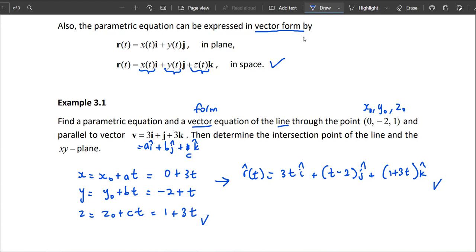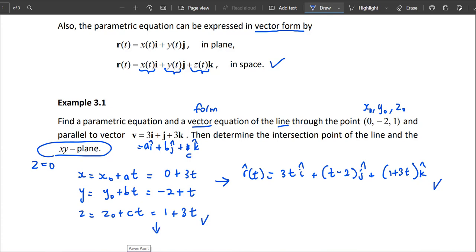So what is the xy plane? The xy plane is z equals 0. So we let our z equal to 0 here.